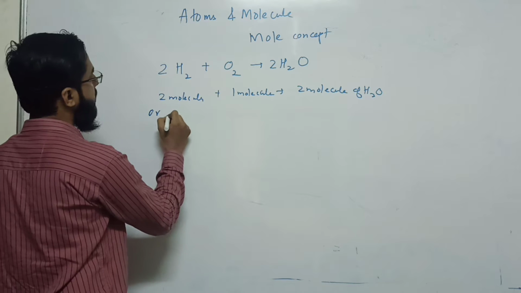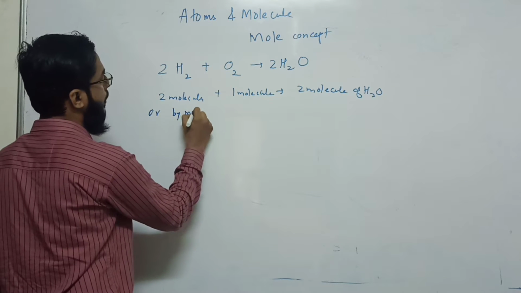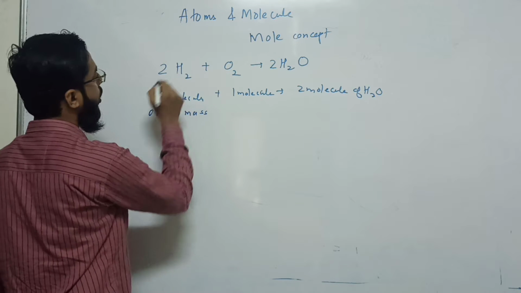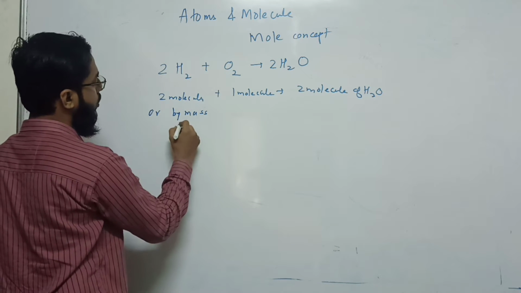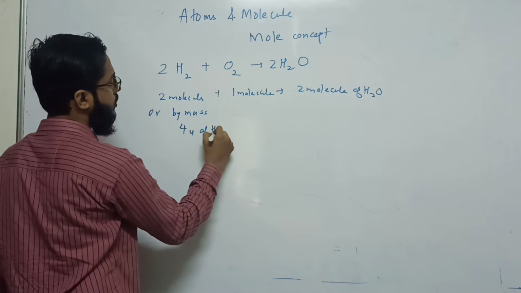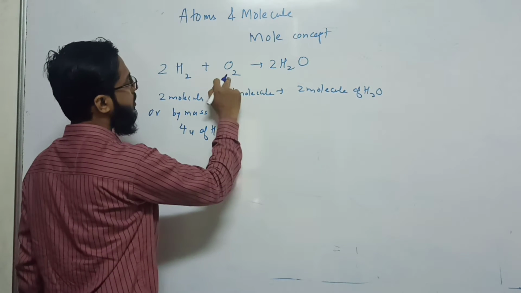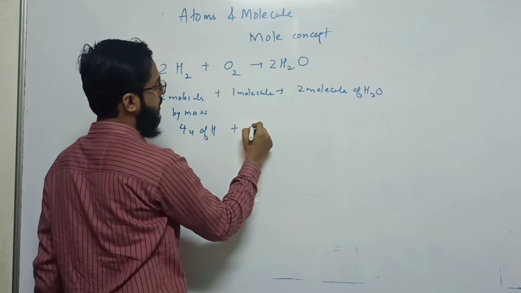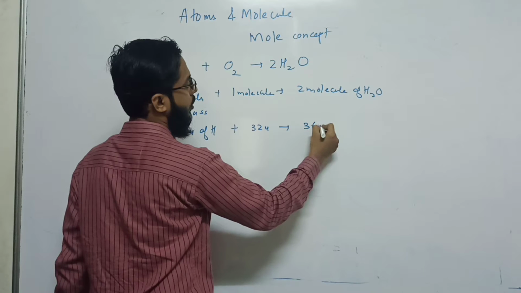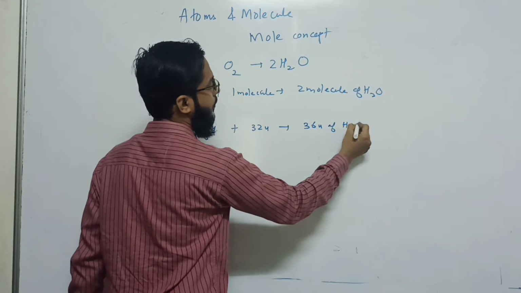Or it can be represented by mass. We know that hydrogen has a unified mass of one, so two molecules of H2 give four. So four of hydrogen reacts with how much oxygen? Here we have 16 plus 16, which is 32, and that gives 36 of water.